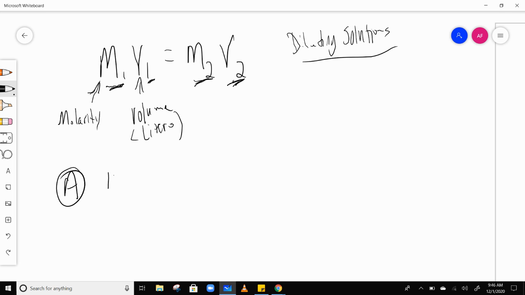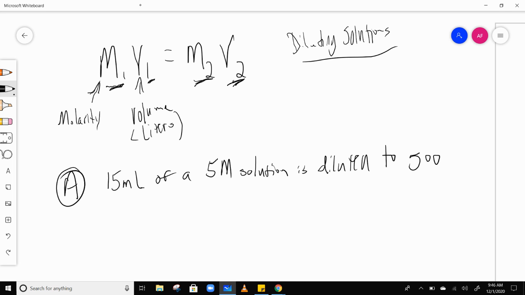If you take 15 milliliters of a 5 molar solution and dilute it to a new volume, let's say 500 milliliters, what is the molarity of the new solution?